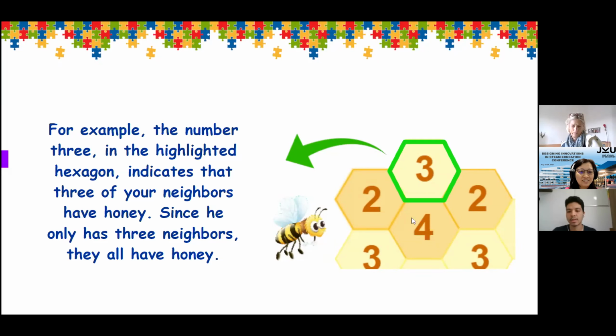Another example, the number 4 has 6 neighbors, but because the number is 4, only 4 of the 6 neighbors have honey.